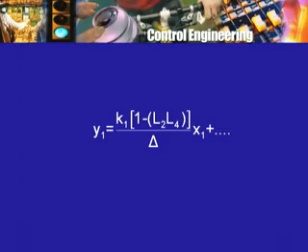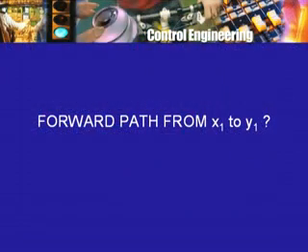That other term is the coefficient of x2 in the expression for y1. So what I have to do now is find forward paths from the input node x2 to the node for which we are writing the expression, namely y1.